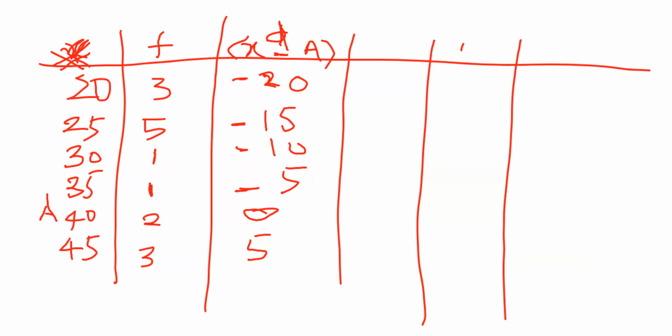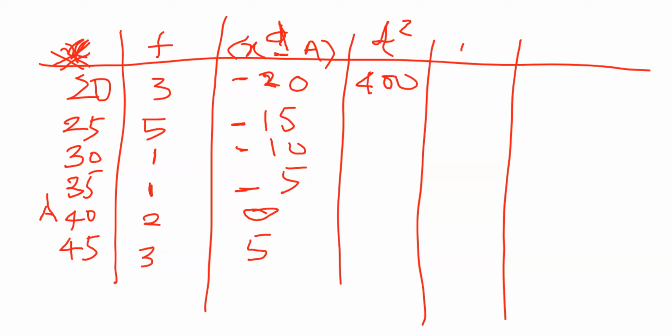Very good. The next column is to take deviation square, D raised to power 2. We need a deviation square before we use the frequency to multiply. Squaring minus 20 will give us 400.